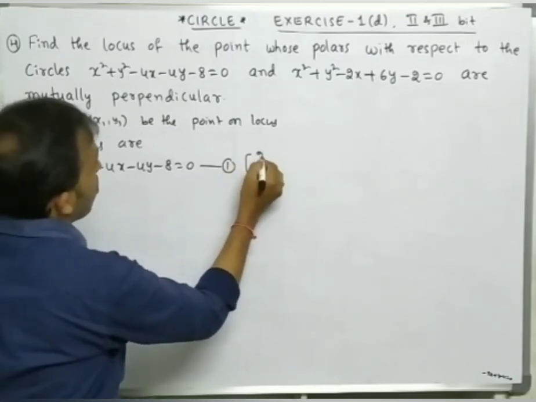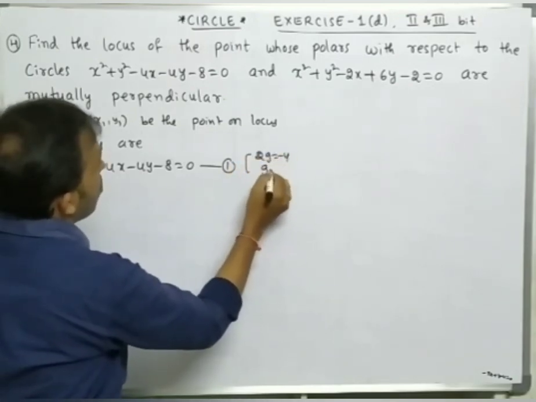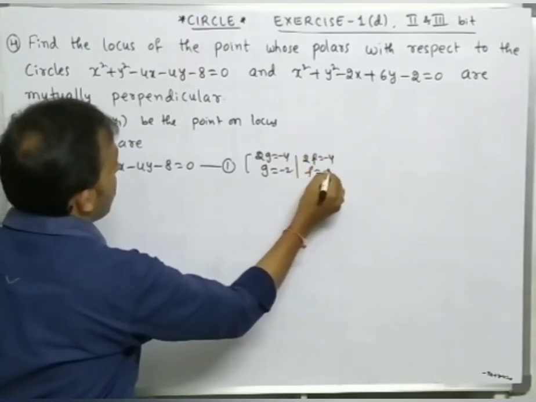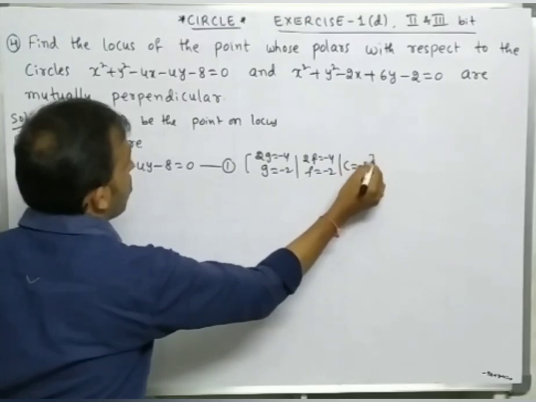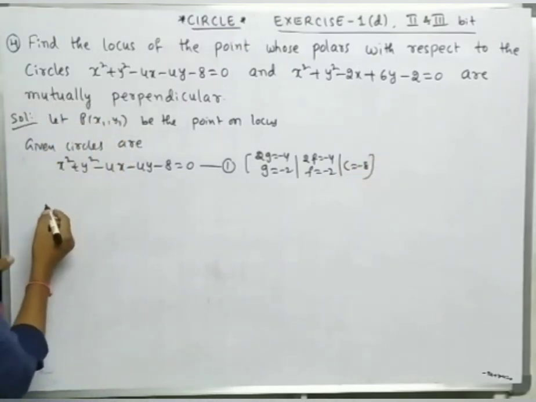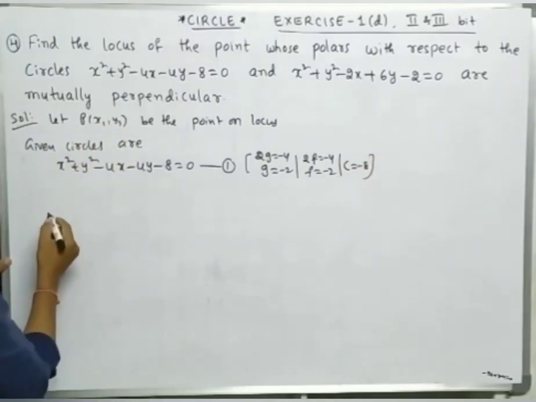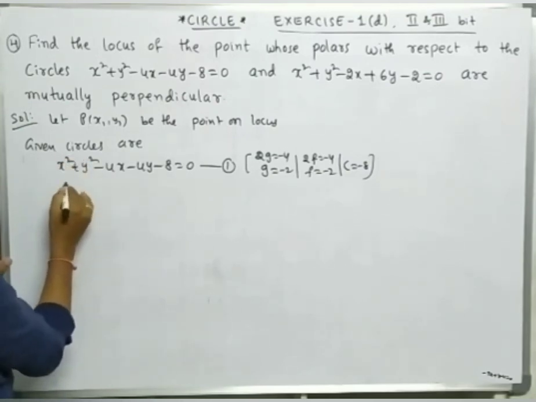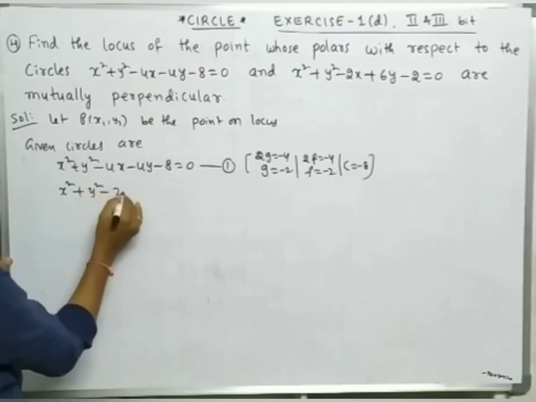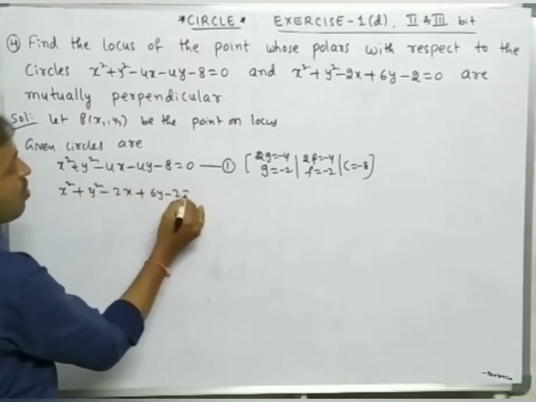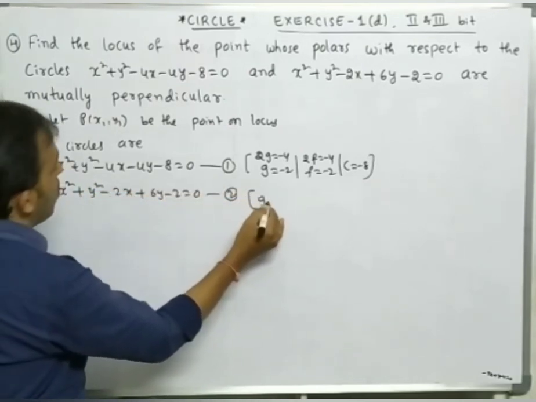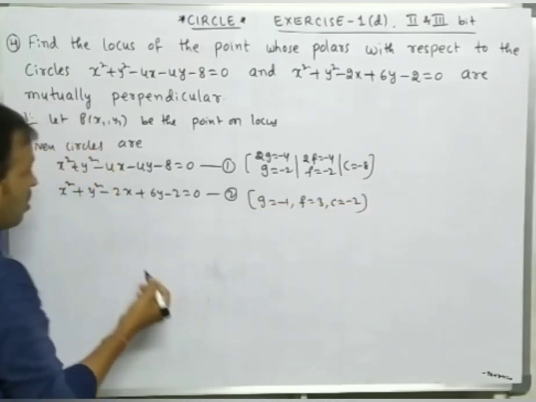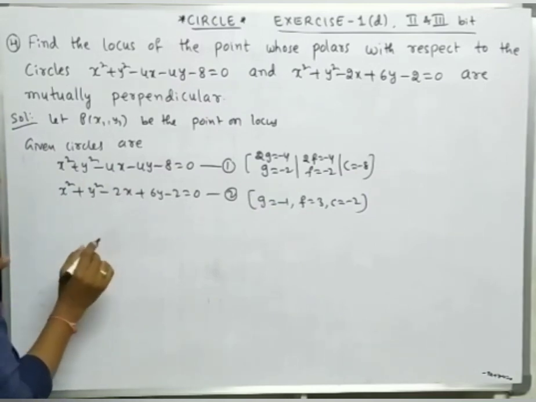In this, 2g is equal to minus 4, g is equal to minus 2, 2f is equal to minus 4, f is equal to minus 2, c is equal to minus 8. Okay, next, another circle, x square plus y square minus 2x plus 6y minus 2 equals 0. For this, g is equal to minus 1, f is equal to 3, c is equal to minus 2. Compare and you will get those values.